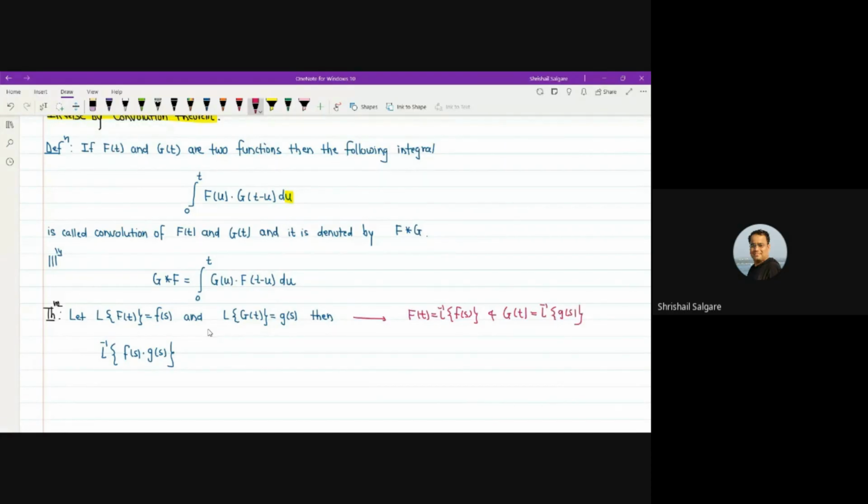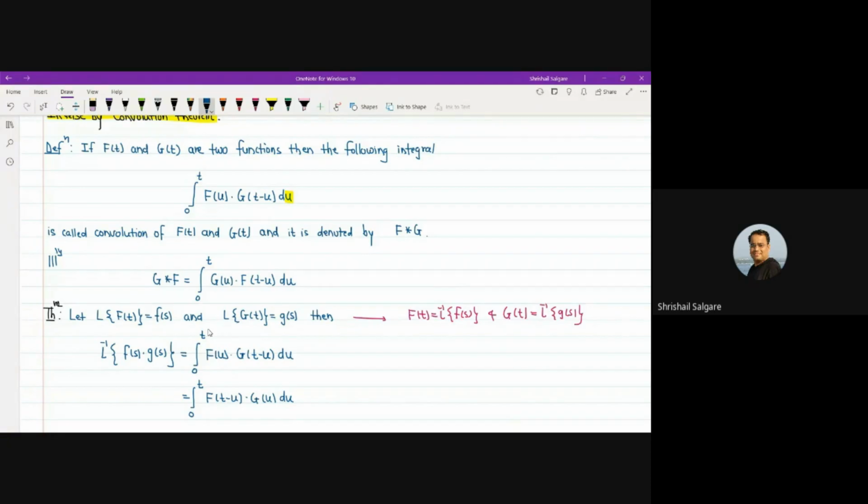Then the inverse Laplace transform of the product is given by the integral 0 to t f of u into g of t minus u du, or the same integral can be calculated either first or second, written as f of t minus u into g of u du. This is by convolution theorem.